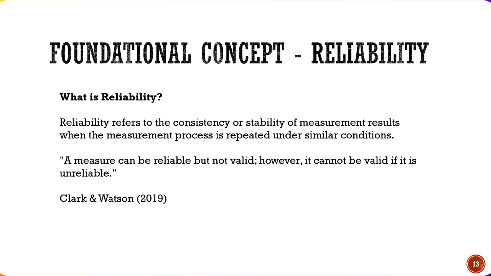Now, it is important to know that a measure can be reliable but not valid. A typical example is a broken clock, which can give you a consistent time or a stable measurement at a particular time.